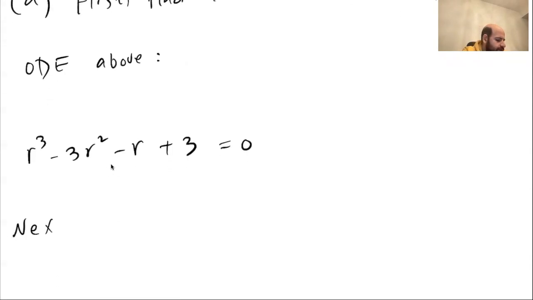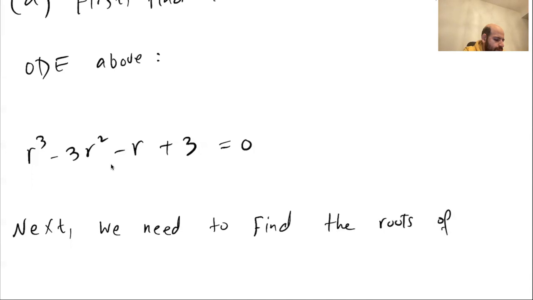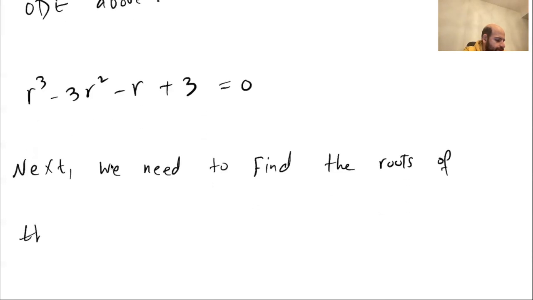Next, we need to find the roots of this equation. So this is a cubic equation. If we want to find the roots, we can try to guess one of the roots.